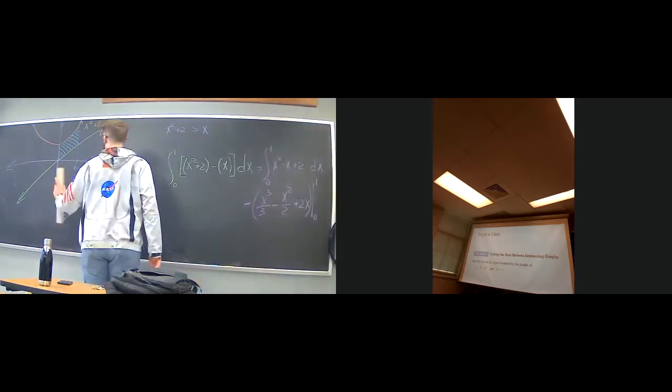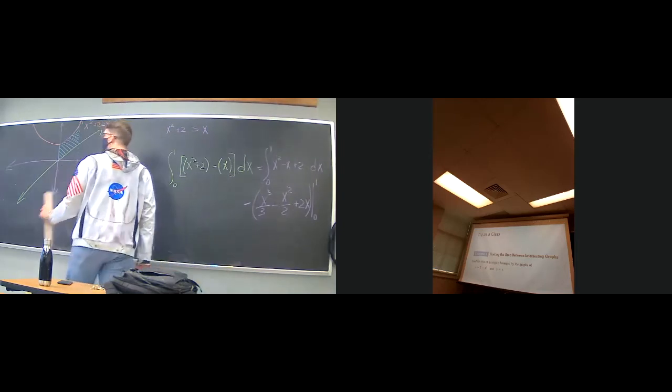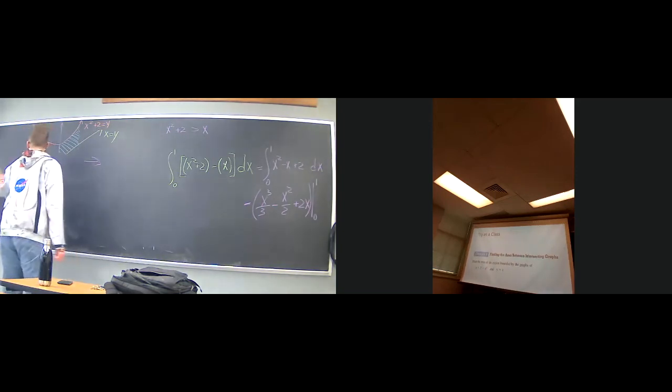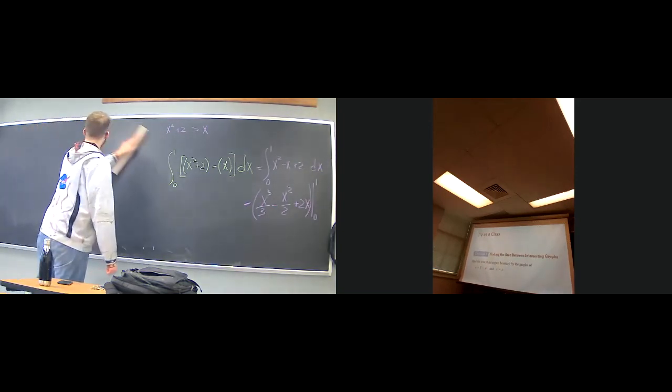It doesn't seem like it does, but it does. It changes it considerably by just changing one sign. I'm just changing the sign of x squared here. I'm going to rewrite all of this.